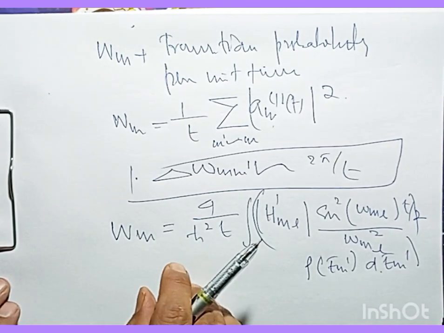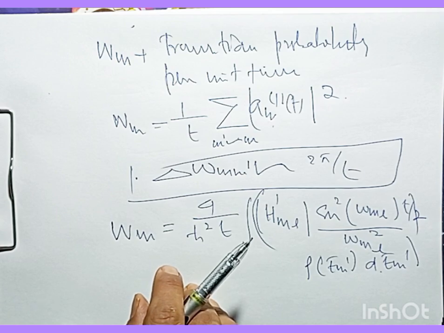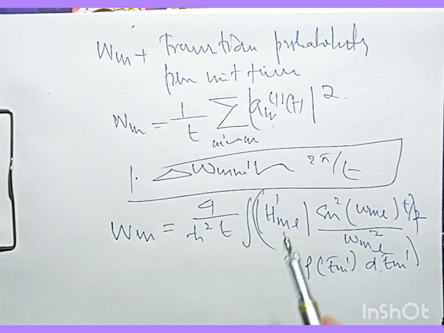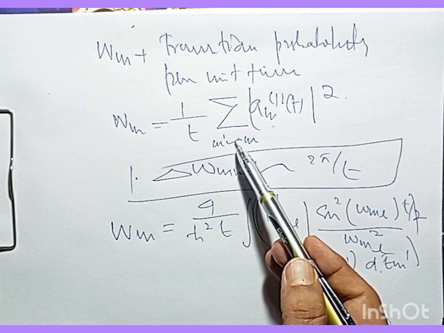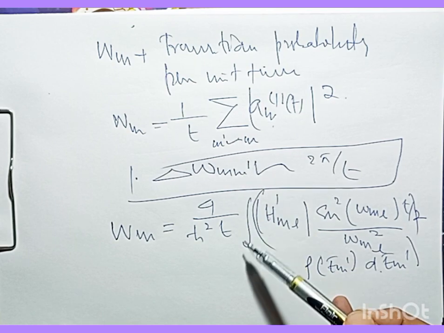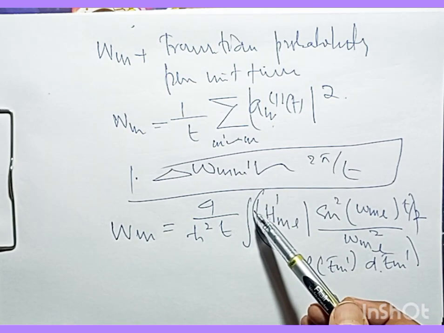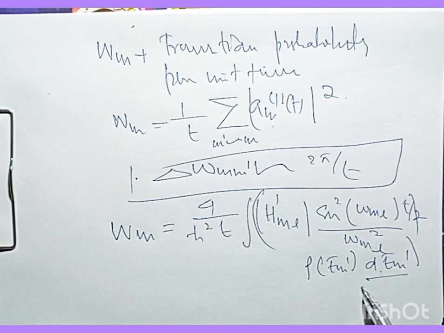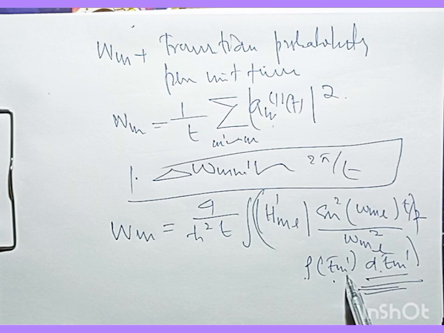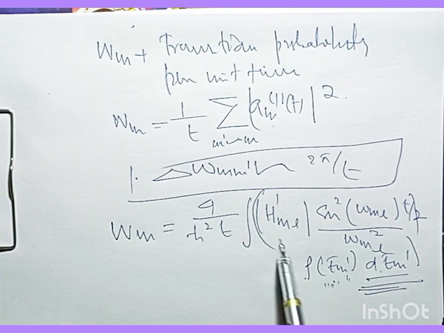And what we have done basically is that we have replaced the summation that exists in this equation by an integration over a narrow range of energies that are weighted by the density of states, rho Em dash, which denotes the number of states per unit energy range. And this H dash ml is written for the matrix element.